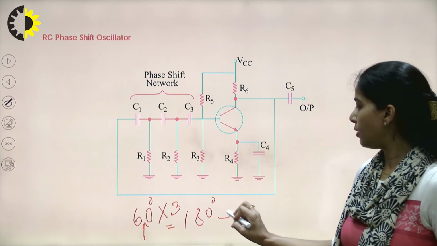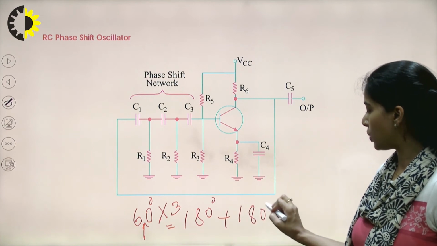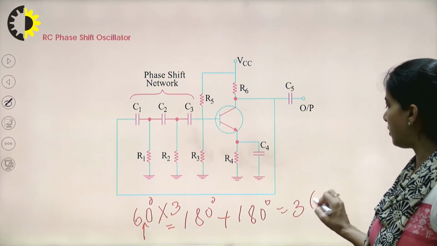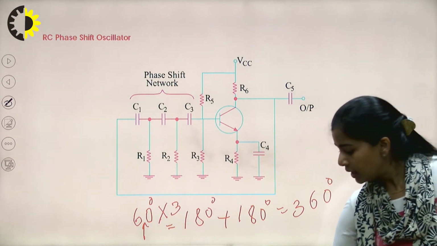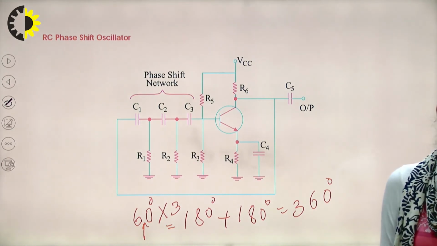So in total we get 180 degrees plus 180 degrees, and the total phase shift that we obtain from this RC phase shift oscillator is 360 degrees.